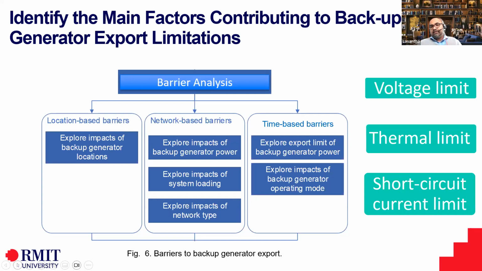But in our analysis, we haven't seen any issue coming from the short circuit limits for the backup generators which are existing in semi-urban, urban, and the rural settings, because those networks can handle the short circuit capacities according to our studies. But we know that there could be some issues coming into play when the network is a CBD-based underground network.